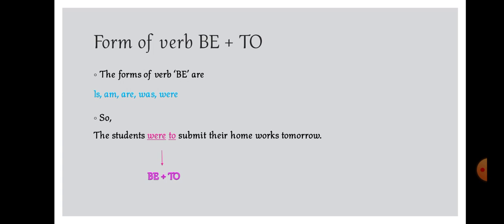For example, the students were to submit their homeworks tomorrow. The part I have underlined is the form of the verb be plus to. Were is the form of the verb be, then we have to, were to. That is how we use the form of verb be plus to.